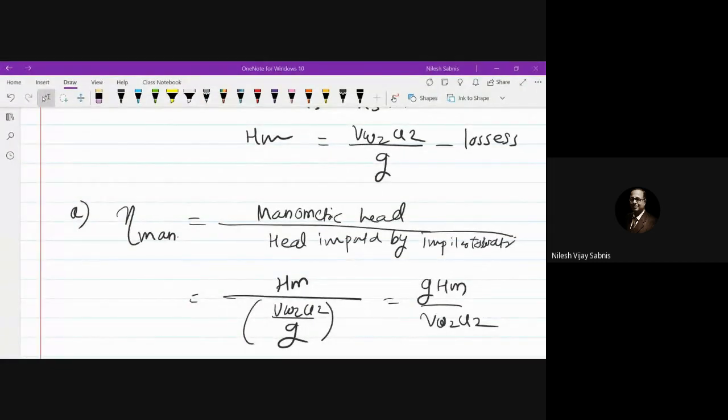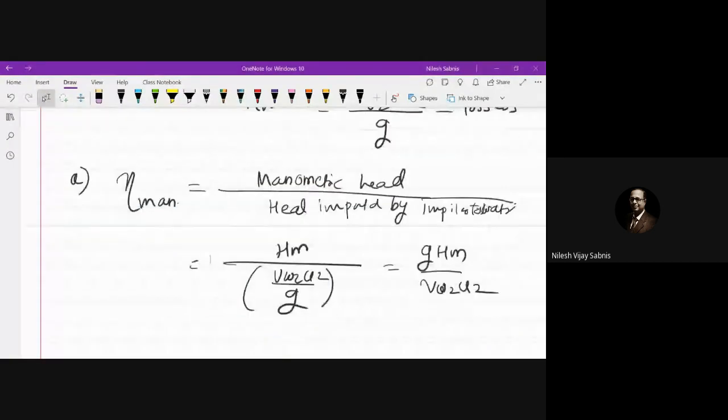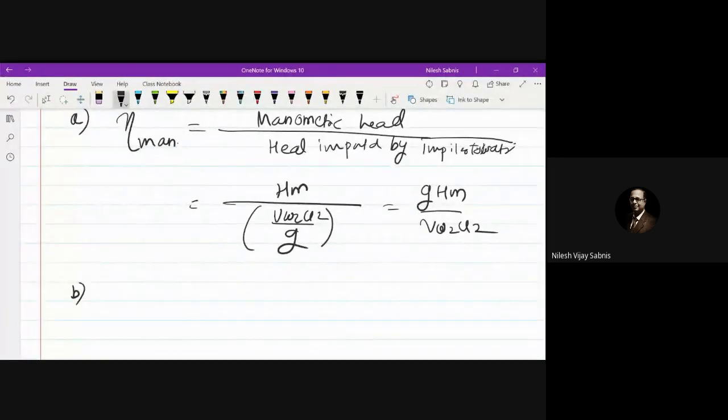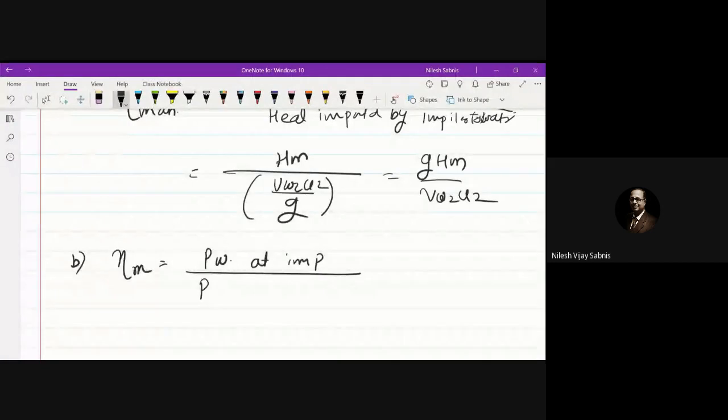Then next comes the mechanical efficiency, which is nothing but power at impeller, that is output, divided by power at shaft.